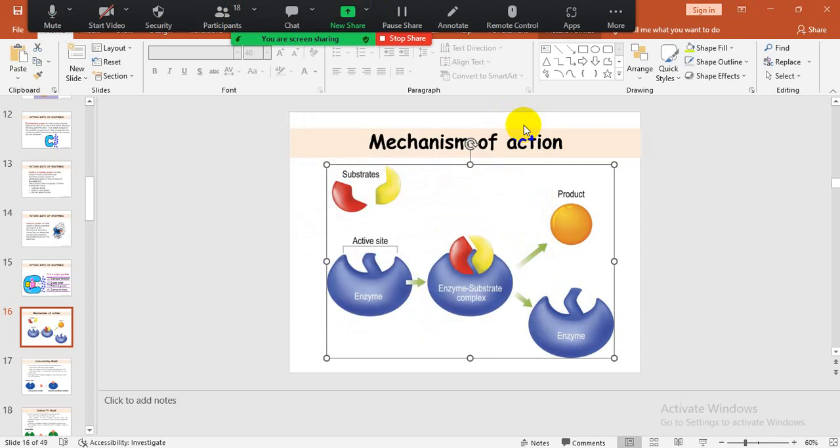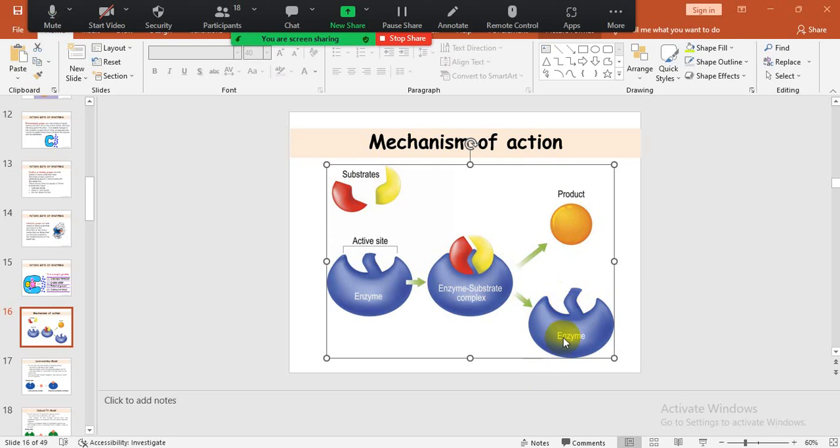Okay, that's right. So the yellow color product will be formed, which looks like an orange. The enzymes are not used up in a reaction. They are not consumed. The enzyme will convert this substrate into this product.